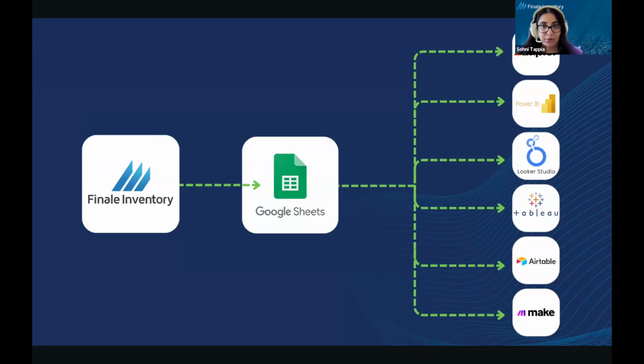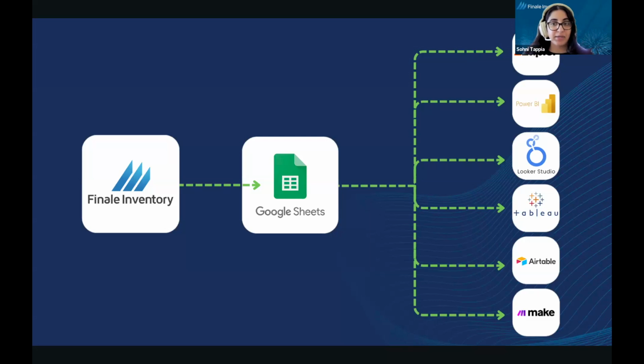For example, we have a customer right now who is sending out their average cost that Finale is calculating up to Shopify using an export from our system that is plugged into Zapier. If you're not familiar with Zapier, it is a workflow automation tool that serves the purpose of connecting apps and software that don't speak to each other by default.